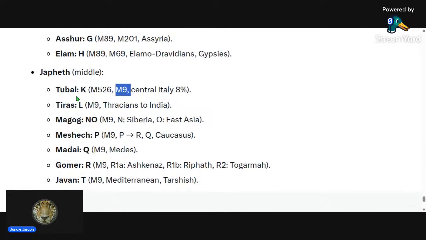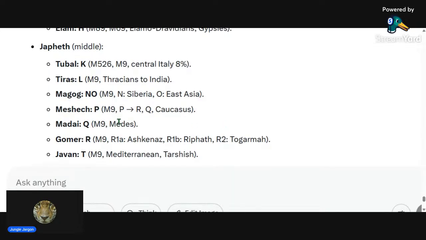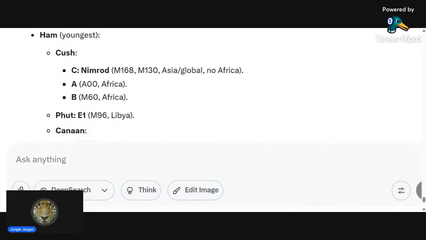That'd be the L, M9. All these have M9, M9, M9. Of course, each one has their own defining SNP markers. They're not here yet, but let's see if it can continue here.